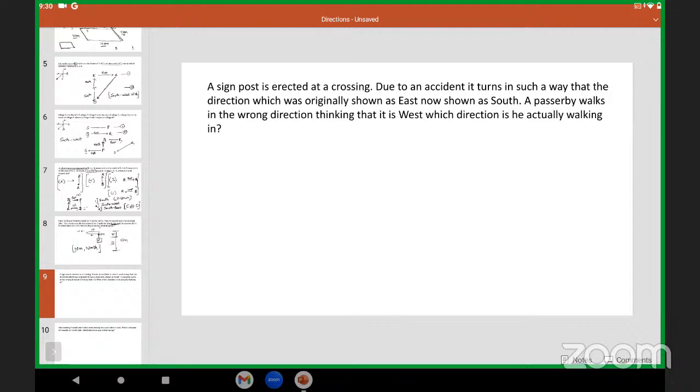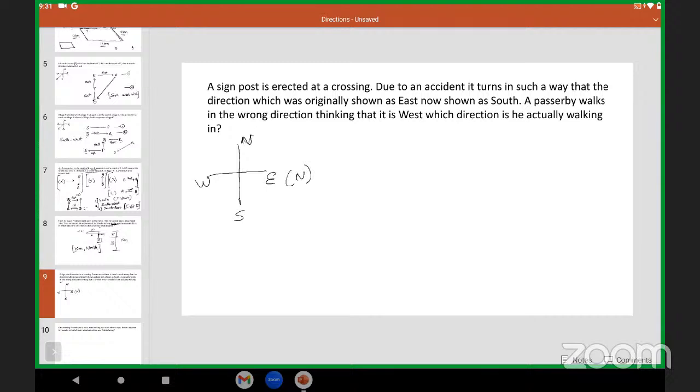These questions are based on wrong directions. Basically, the directions have been changed in this question due to some accident or some other way. So let us try to look at this. Let us suppose this is our normal way of indicating the directions. Suppose this becomes north, which means the upper direction, which is north, has moved towards the east.